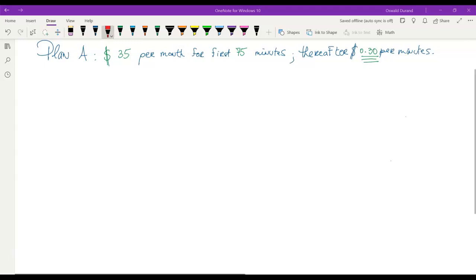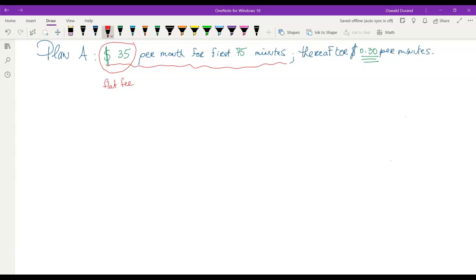So let's look at this part right here, the $35 per month for the first 75 minutes. All right. So if we understand what we did about horizontal lines, we should understand that for the first 75 minutes, we have a flat fee of $35. That means that number is not going to change for the first 75 minutes.